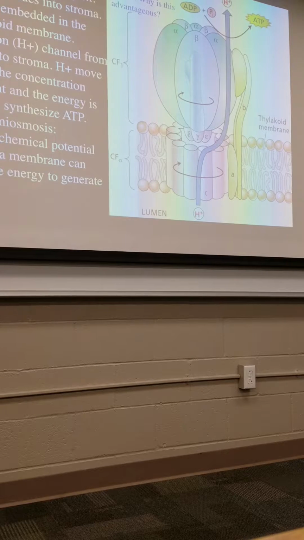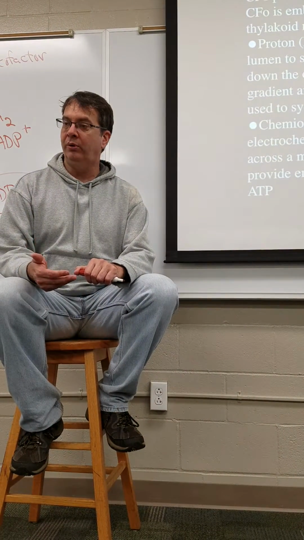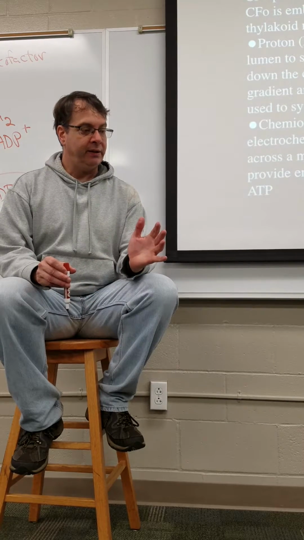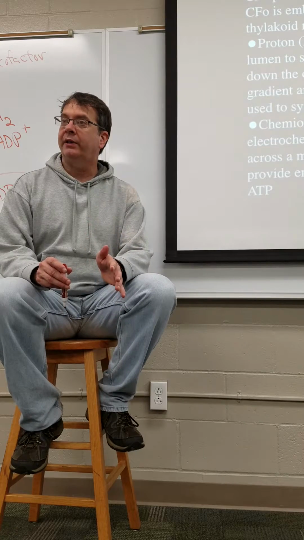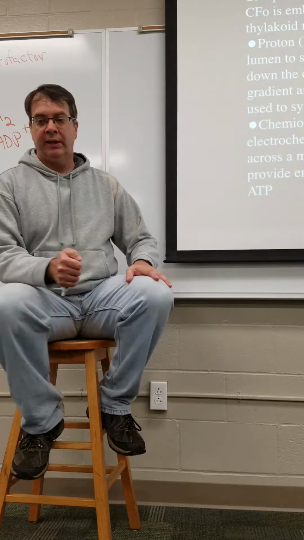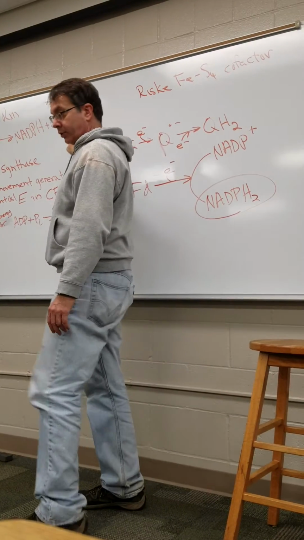And the primary reason we learned about the Nernst equation is to simply illustrate the amount of voltage that you can generate by ion gradients and osmotic gradients. So this is the way that ATP is generated.